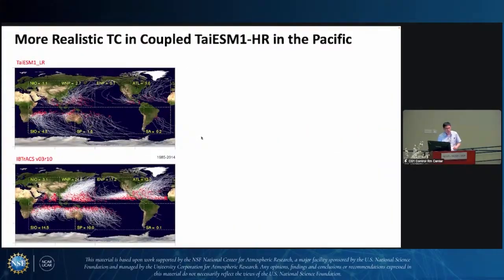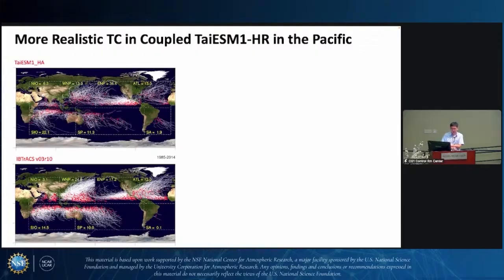Okay, so we focus on the tropical cyclone simulation, and the bottom panel shows the observed IBTrACS tracks, and the upper panel is the low resolution CESM. Of course, we know that 100-kilometer resolution cannot resolve tropical cyclones pretty well, so there is a very low number of tropical cyclones.